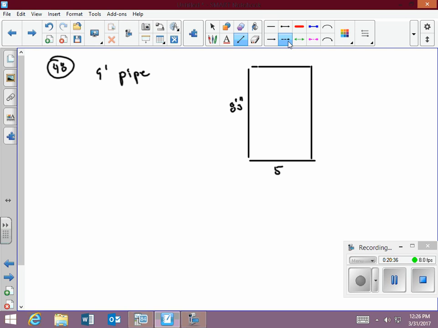Well, you could say if I laid it diagonally across there, right? And just do a rough estimate of it. If you do that diagonal, how would you find that diagonal?